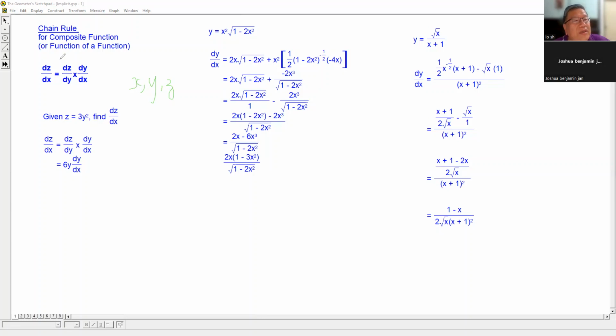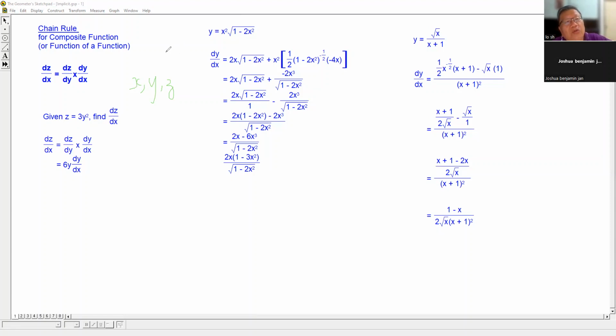Now the chain rule is like this. dz over dx, you remember the position of the variables. dz dx equals dz dy multiplied by dy over dx. This is the chain rule.